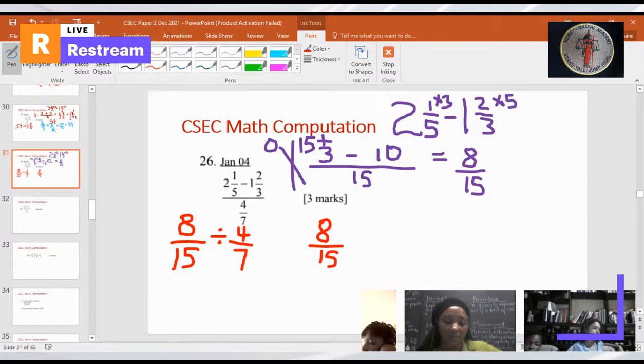You would change the division sign into a multiplication sign, Miss. Okay. And then you would say 7 over 4. So I'm inverting the 4 over 7, and it now becomes 7 over 4.